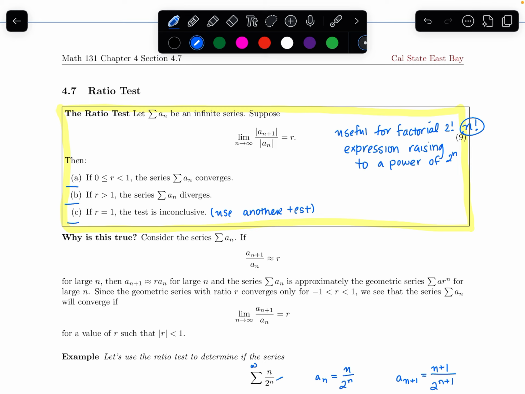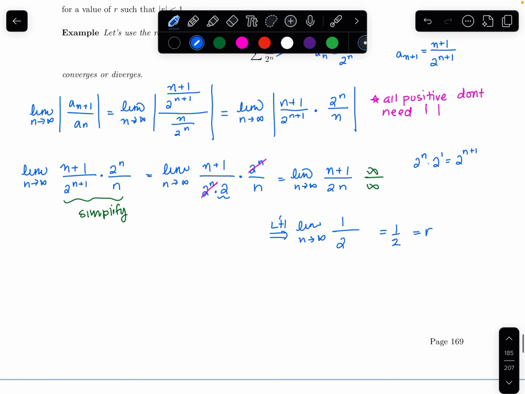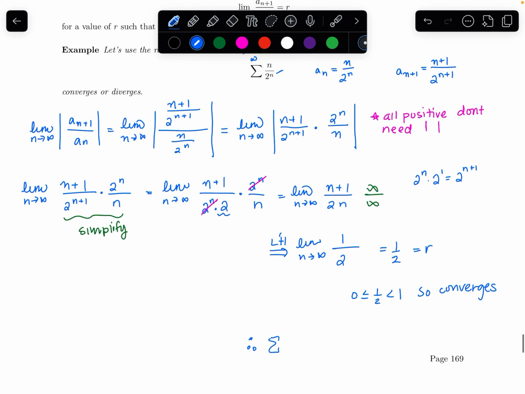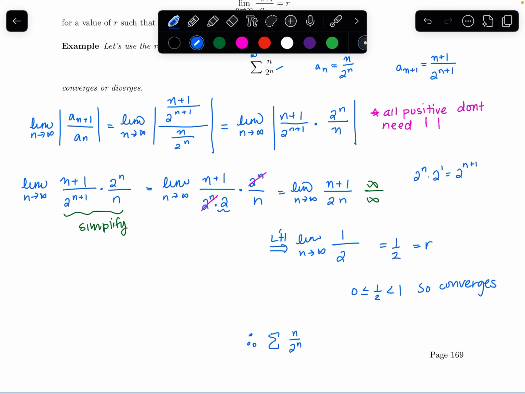Since R equal to a half is in fact between 0 and 1, so it converges. We don't know to what, we just care that it converges. So our conclusion is that this series n over 2 to the n converges by the ratio test.